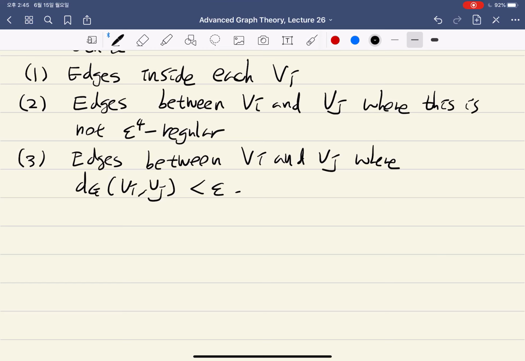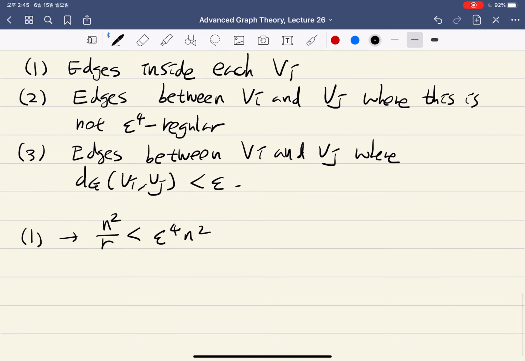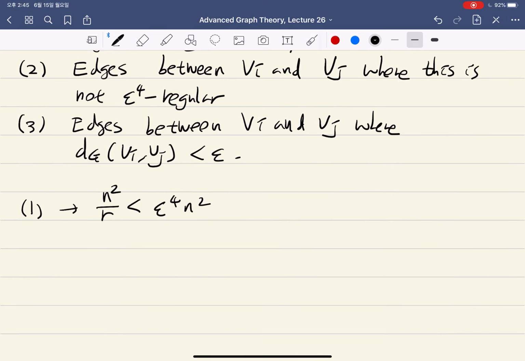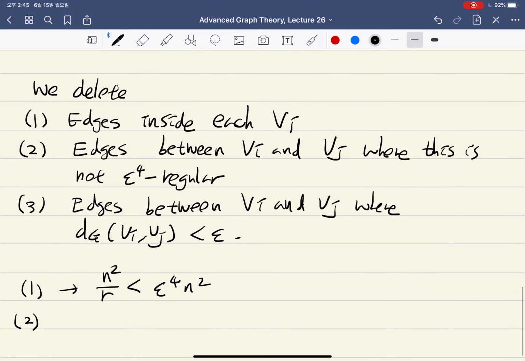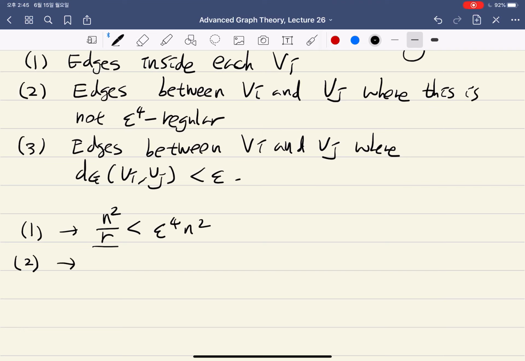Yeah. Then how many edges do we delete of each of the 3 types? From the first type we delete R times n squared over R squared, this many edges, which is much smaller than epsilon to the 4 times n squared. And because there are R parts, each of them, we delete at most n squared over R. So this is at most this. And the second type, how many pairs are there?